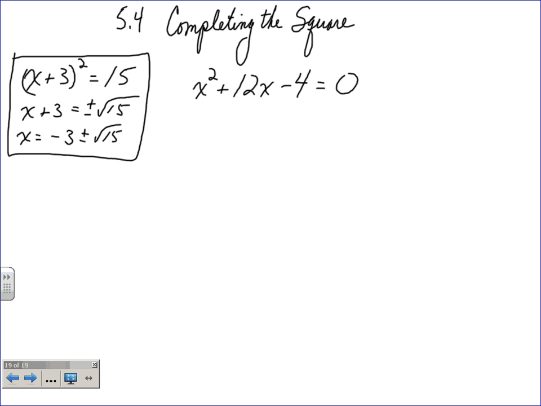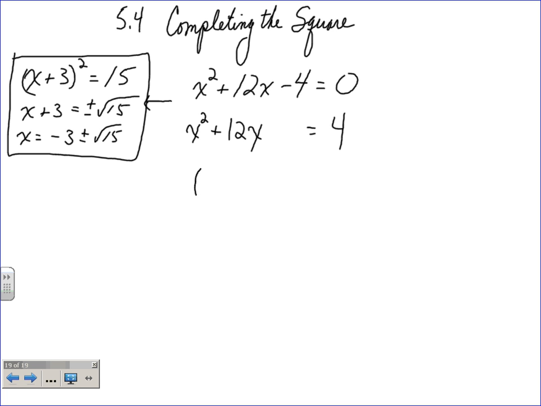Does that look like it will factor, yes or no? No. But it doesn't mean that there's not a solution to that. Factoring is the easiest way. But what I want to do is I want to complete the square so it will look like the problem over here on the left. I'm going to add 4 and put the constant, put 4 over on the other side, leaving room.